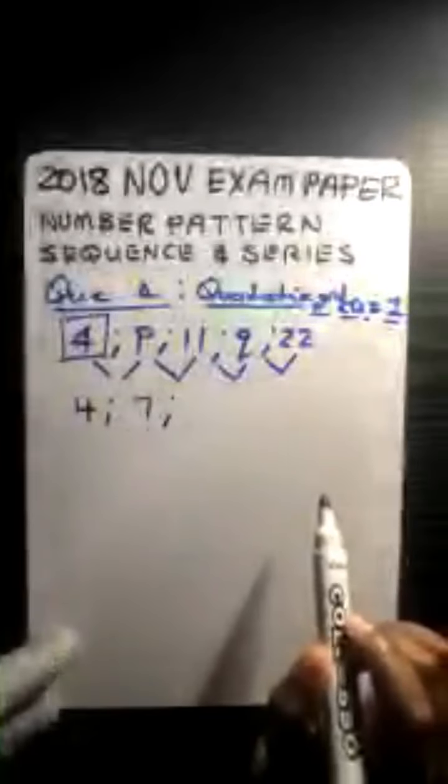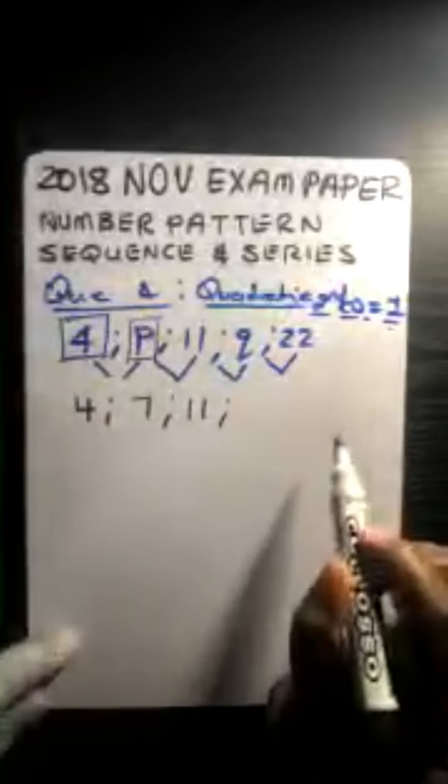So now, ladies and gentlemen, let's strategically move forward. We already know that the first term is 4, and the P value is 7. Even if not successfully calculated, because we were told to show that the P value is that, we just write it as it is for the sake of continuing to the next question.